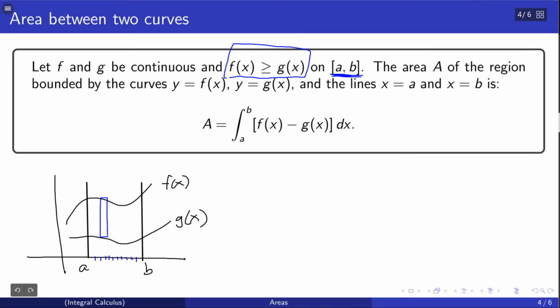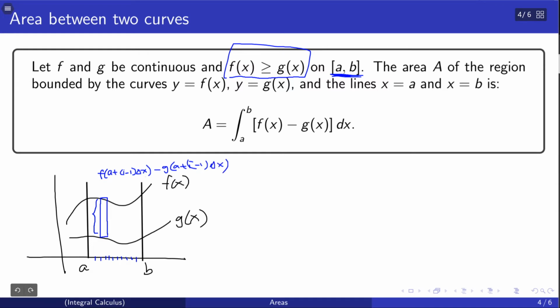where you're using information from both f and g in order to tell you what the height of your function is, right? So for instance, if we take the left endpoint of your subinterval as your height, right, then the height here is going to be f of x_i star, right? So using the left endpoint, it's f of a plus i minus 1 delta x minus g of a plus i minus 1 delta x.